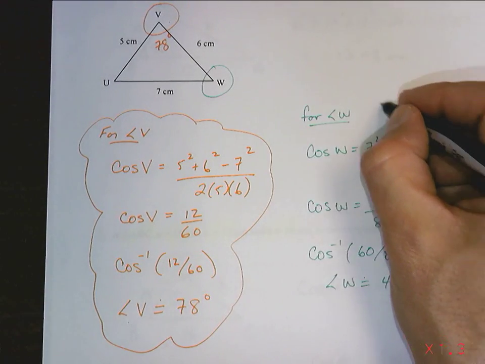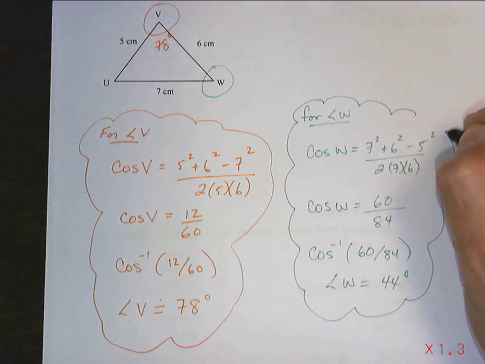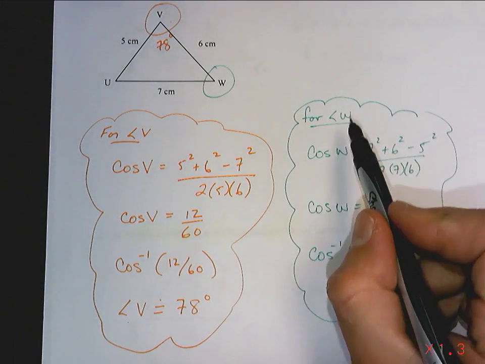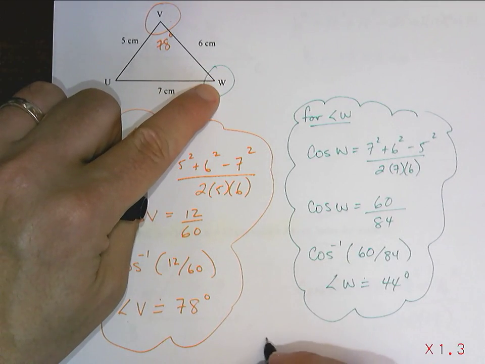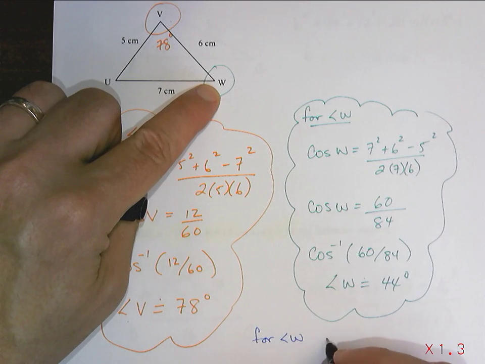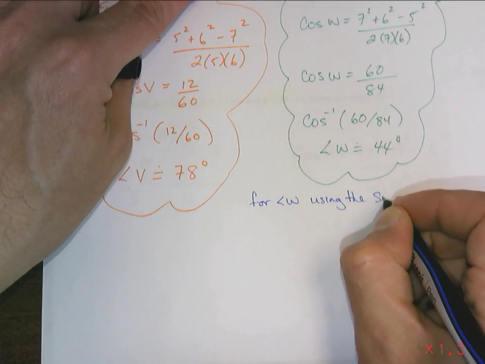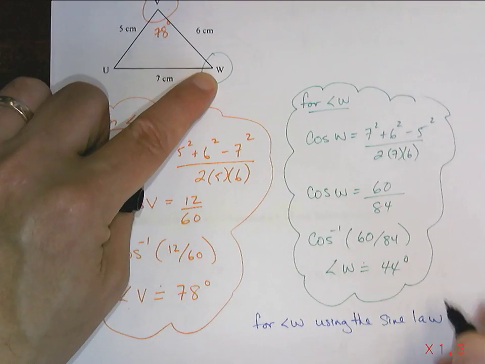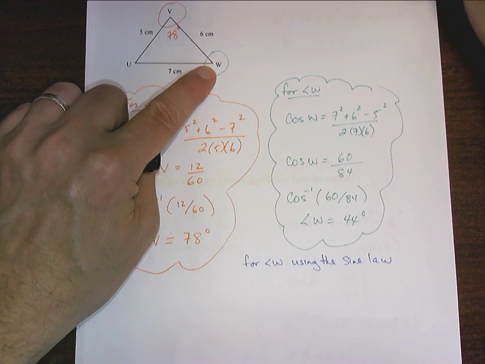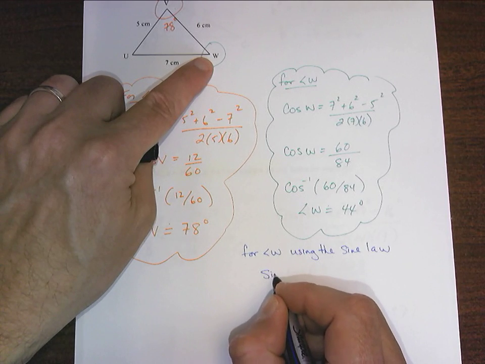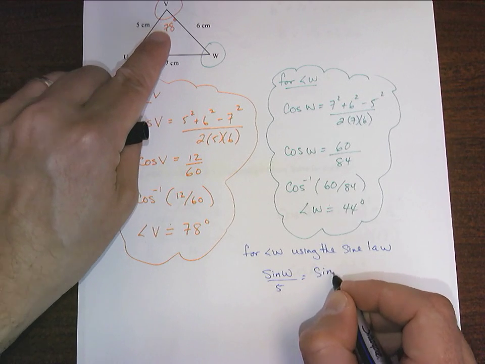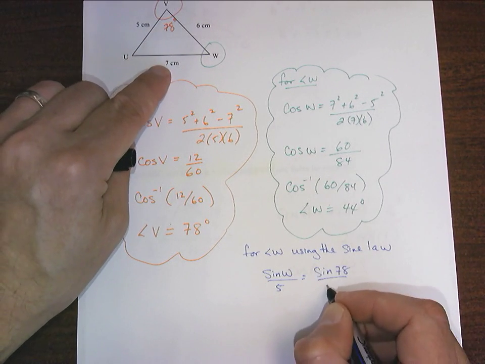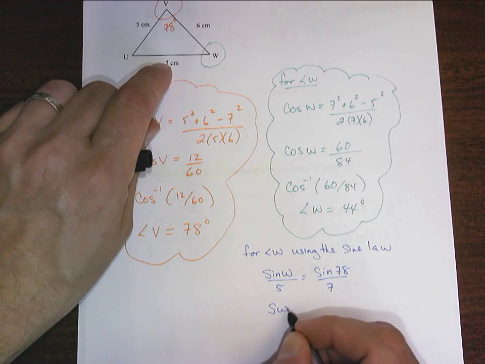So that was finding W using the cosine law. Didn't have to do it that way. I could have found W using the sine law. Let's think about that for a minute. If I wanted to find this one using the sine law, I got to come out a little bit so you can see the whole page. If I use the sine law, it's going to be sine of W over top of 5 equals sine of 78, we had found that, over top of 7.